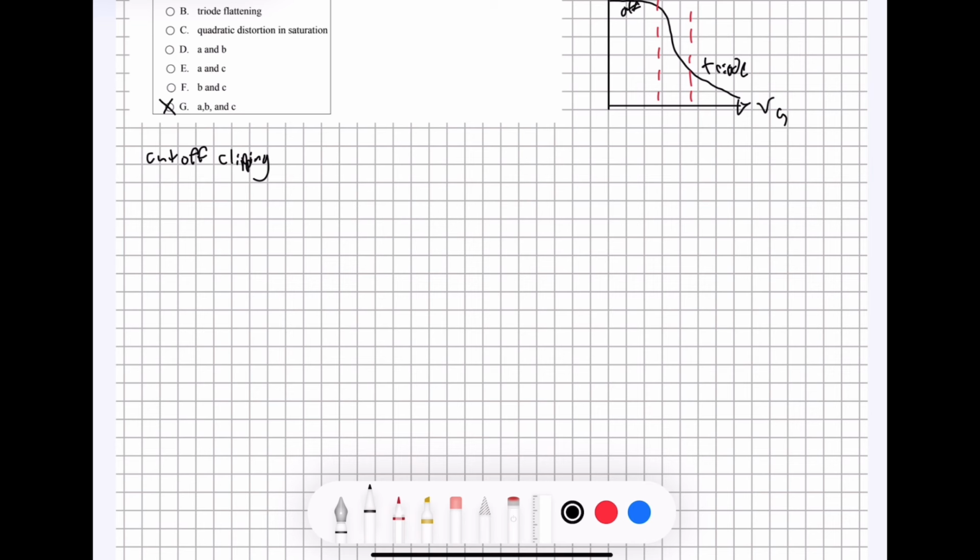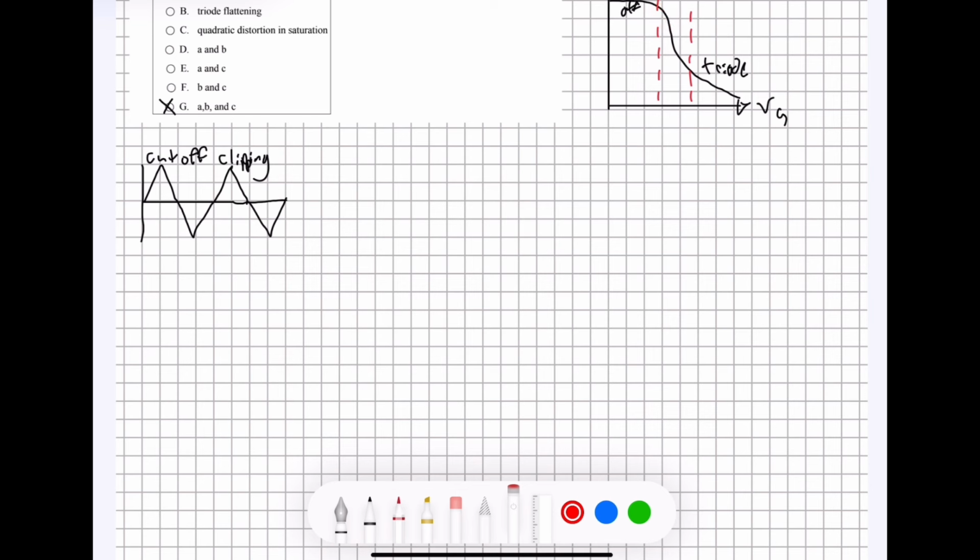So starting with cutoff clipping, that's two P's, sorry. Anyway, cutoff clipping, let's say you have a triangular wave that looks something like this. Cutoff clipping is going to be when you are looking at a point on this saturation curve right here, a point that's getting increasingly close to this cutoff point.